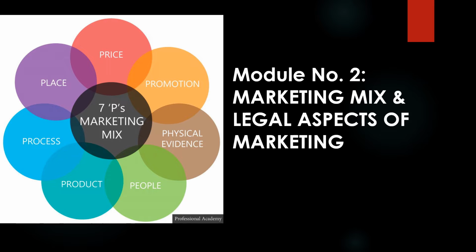As you can see on the left side: product, price, place, promotion, people, process, and physical evidence. So these are the 7 elements of marketing mix. And we are going to study legal aspects. We are going to study certain laws which are related to marketing, like Consumer Protection Act, Competition Act, food adulteration, and such other laws.